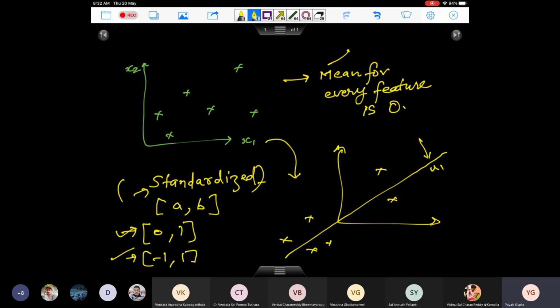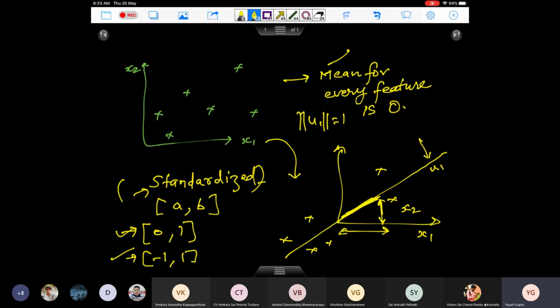So U1 is a mixture of some component of X1 and some component of X2. And let me do one more thing: I'll ensure that the norm of U1 is equal to 1. I am only interested in finding this direction U1, which maximizes the variance, right?